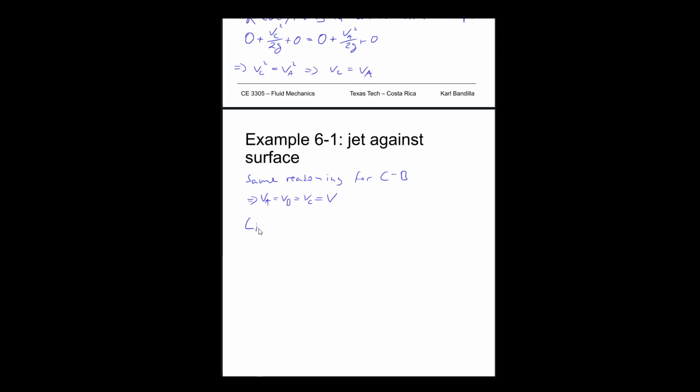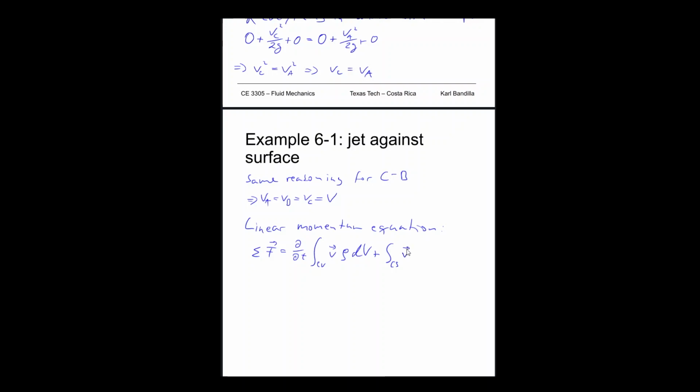So let's write the full linear momentum equation. What do we have? We have the sum of forces, this is a vector, is equal to d dt, integral over the control volume of the velocity, which is a vector, times the density, is a scalar, times the change in volume, dV, plus integral over the control surface, or the control surfaces.